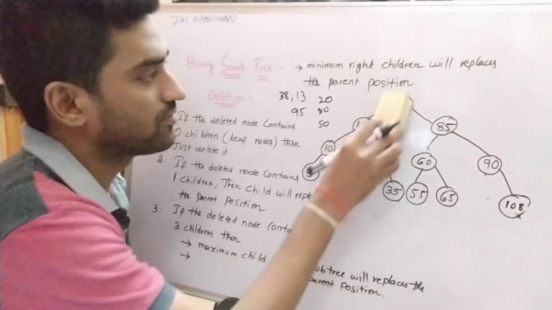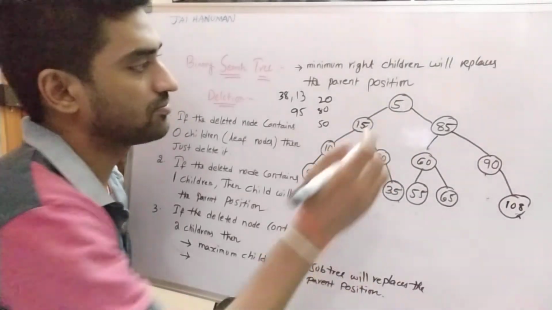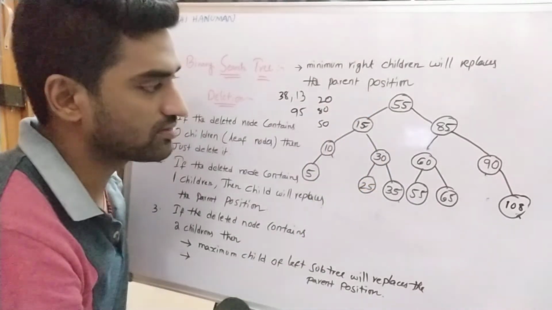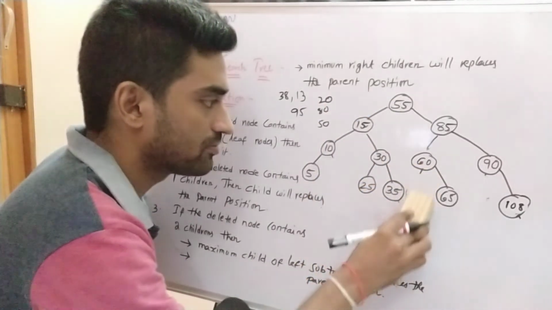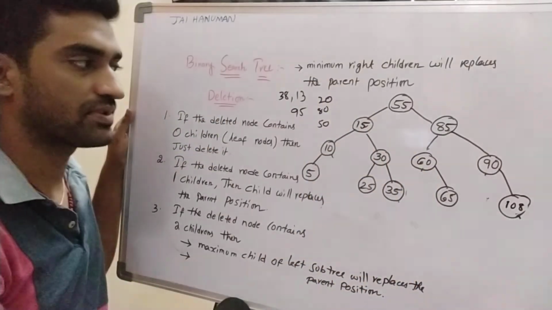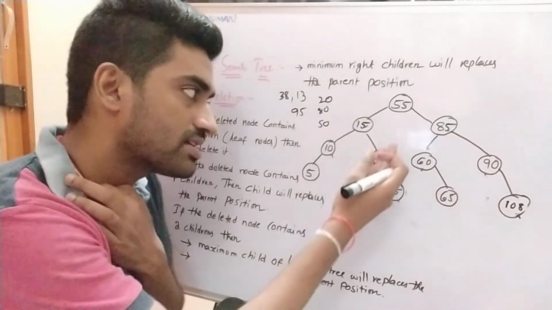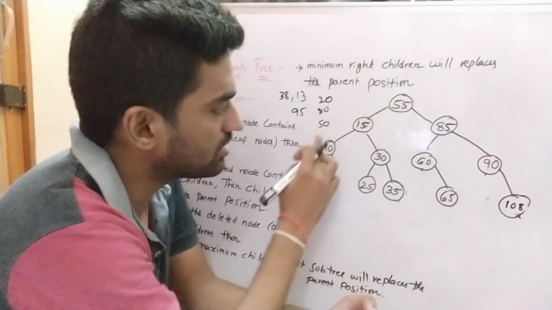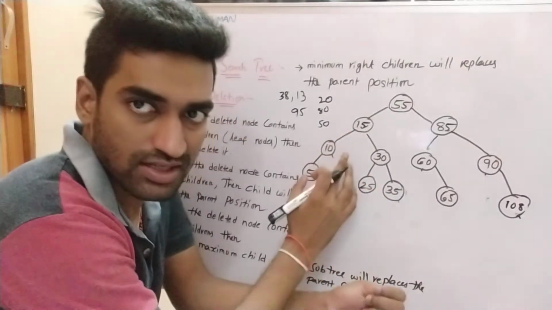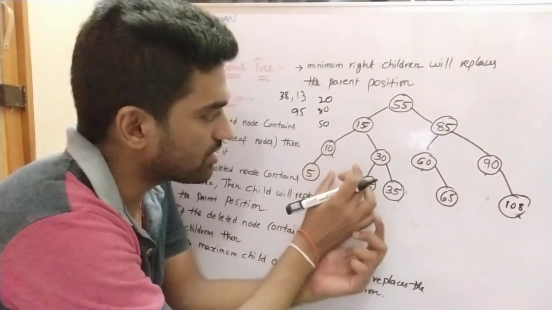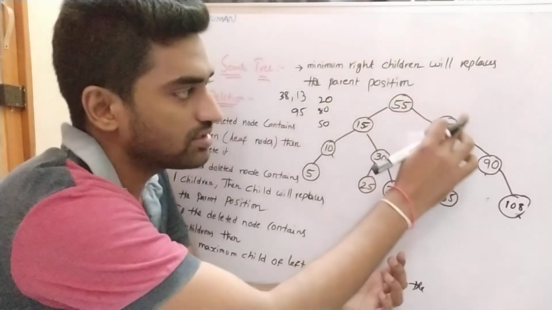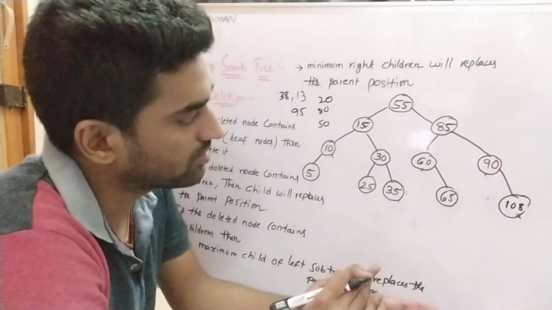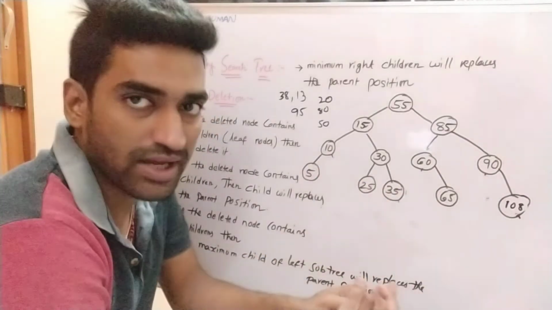So 55 replaces 50, then delete 55. Now the newly generated tree also satisfies all the binary search tree properties. All the elements in the left subtree are lesser than the root, and all the right subtree values are greater than the root node. That's why this is also a binary search tree.